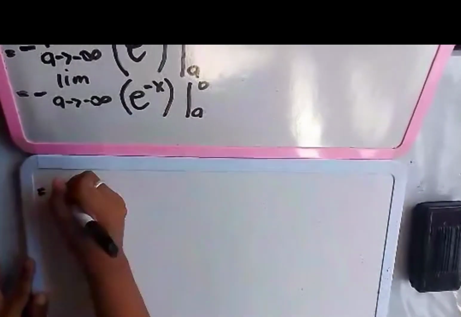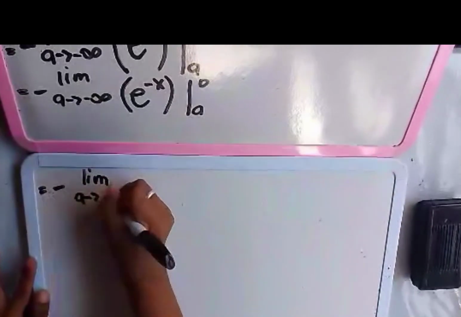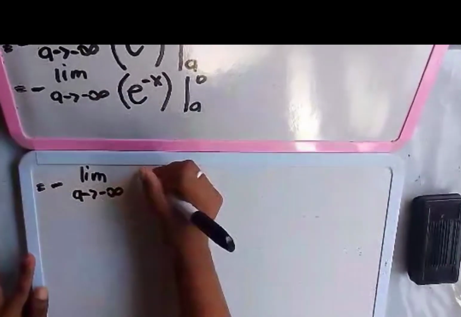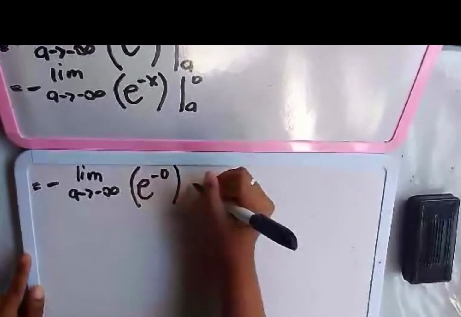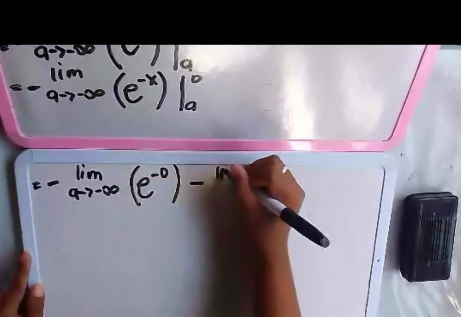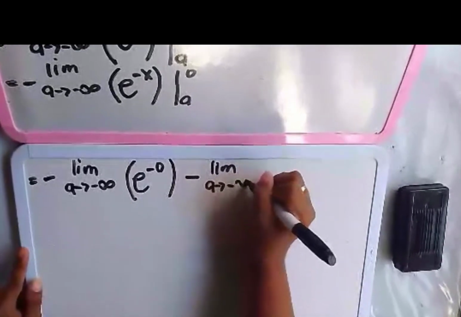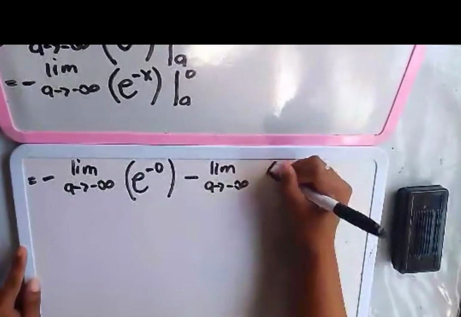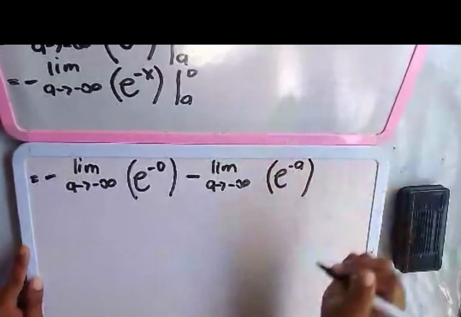So, we have the negative limit as a approaches negative infinity of e raised to negative 0 minus the limit as a approaches negative infinity of e raised to negative a.